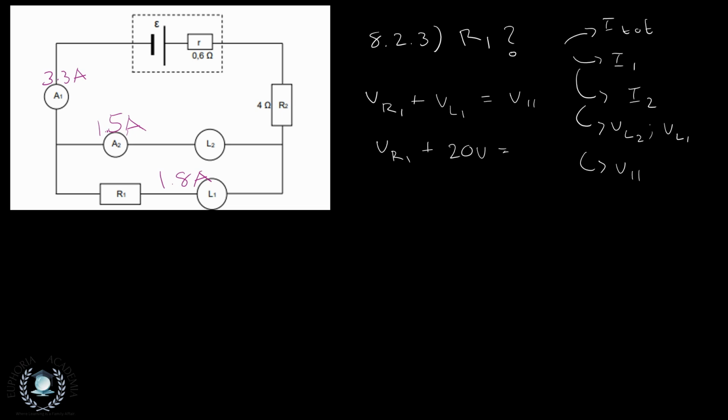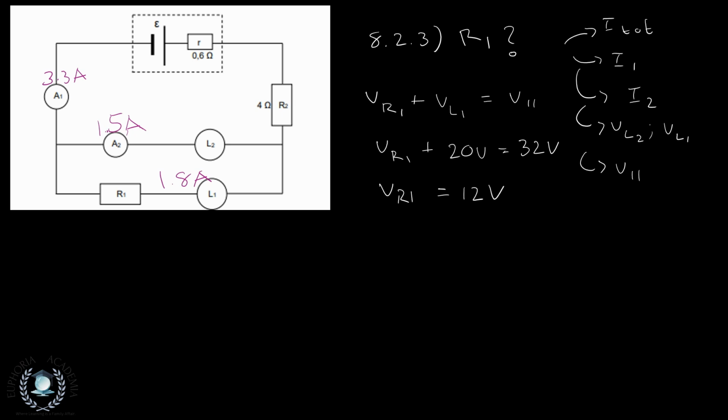That means it will not exceed the total parallel voltage, so the parallel voltage across these two branches must be equal to 32 volts. With that, we can find VR1, which is equal to 32 volts minus 20 volts, and that gives us 12 volts.